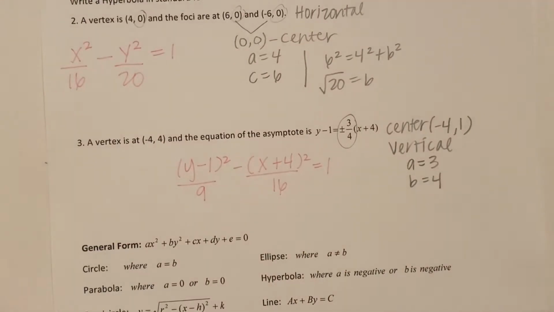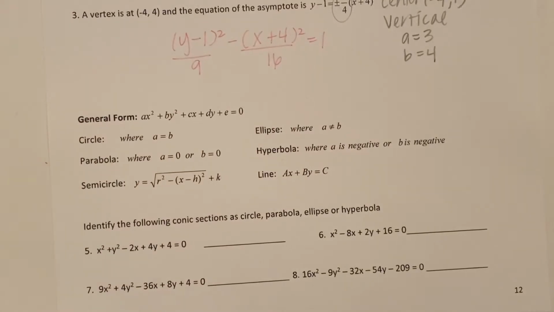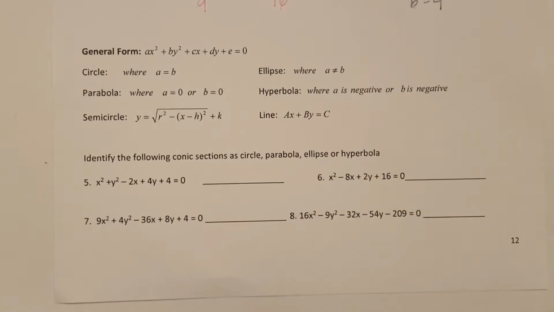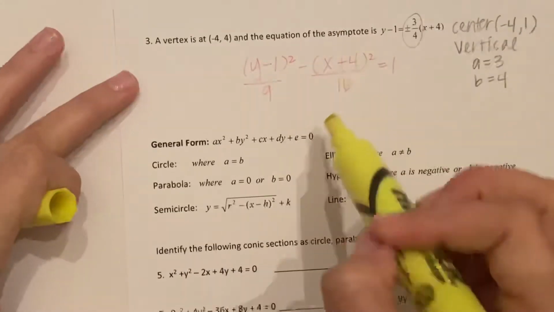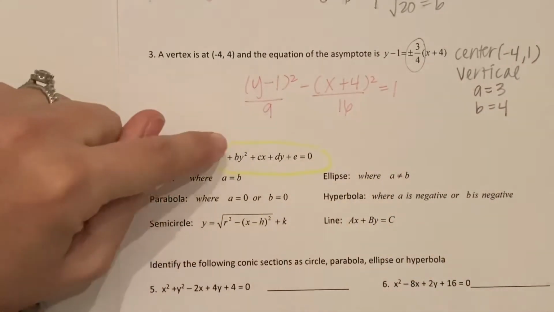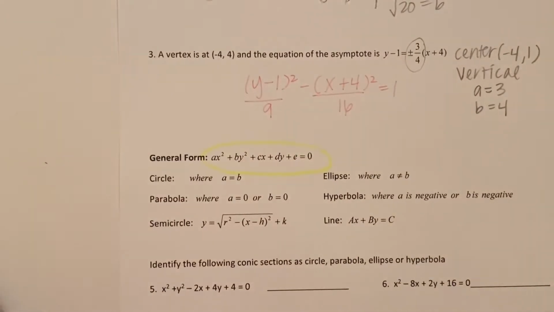Okay, last thing we're going to look at today, well kind of, is how to identify, given the standard form, whether it's a circle, ellipse, hyperbola, whatever. So here's the standard form for everybody. And whether or not different pieces change tells us which one it is.